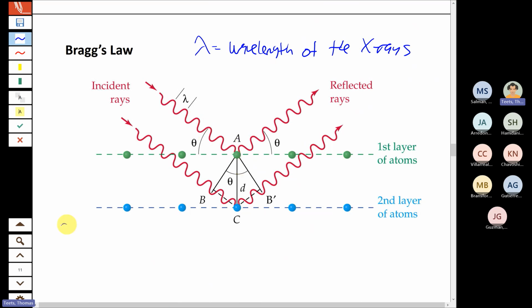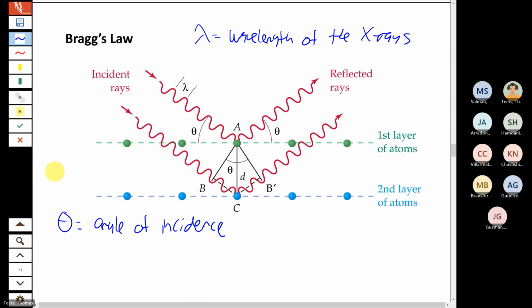So theta is going to be the angle of incidence. And when you have constructive interference, it'll diffract off of that at the same angle. And then d here is the distance between the planes of atoms.